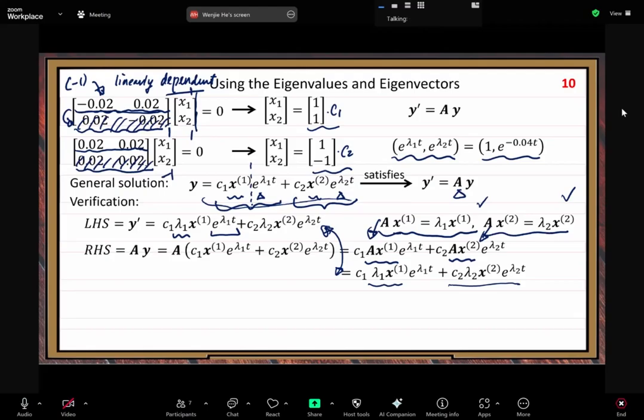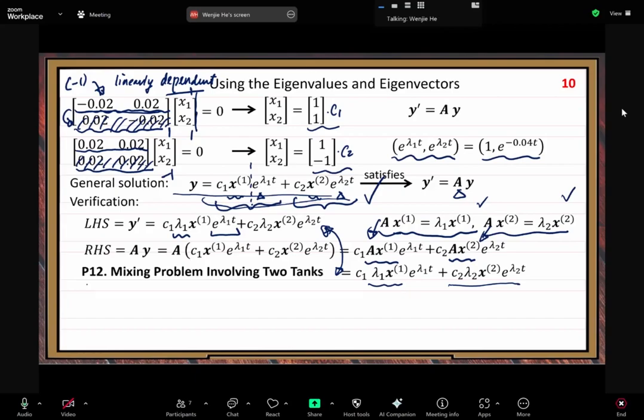After you find this general solution, you are done. You do not need to do verification. The verification we only need to do once, so we know it's correct. Later, when we solve the word problems, we won't do the verification.